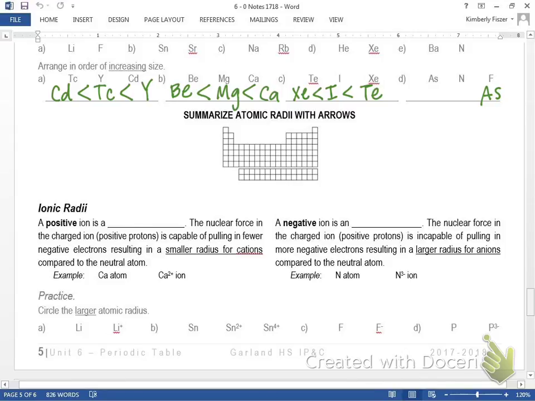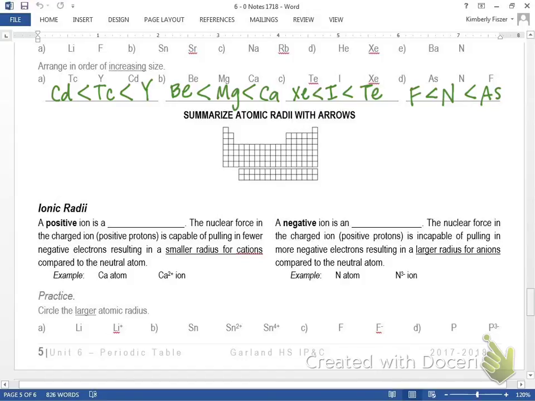How many does fluorine have? 9. Fluorine's going to squeeze that hula hoop in 2 arms more. So who is going to be smaller? Fluorine is the smallest. Nitrogen is in the middle. And arsenic has the most rings because he's lower. Did you follow it?